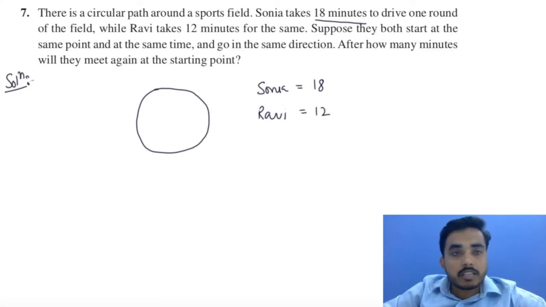Suppose they both start at the same point and at the same time, and they go in the same direction. Suppose S stands for Sonia and R stands for Ravi. Let's suppose they are going in the clockwise direction. They will meet again at the starting point, not in between, because the speed of Ravi is greater than the speed of Sonia.